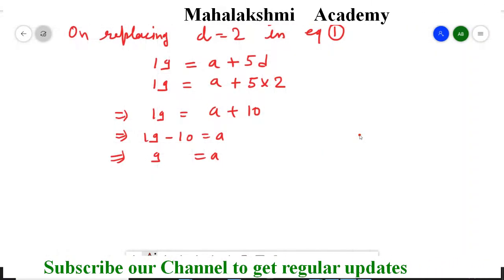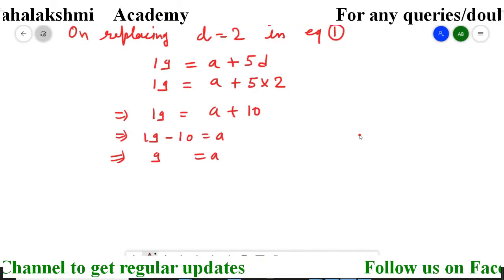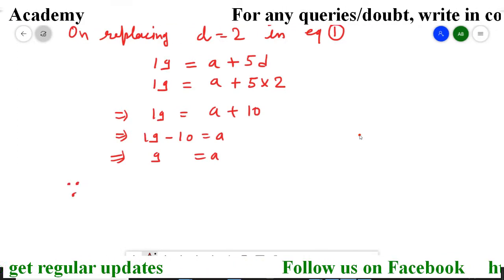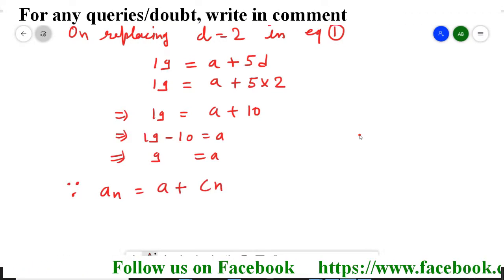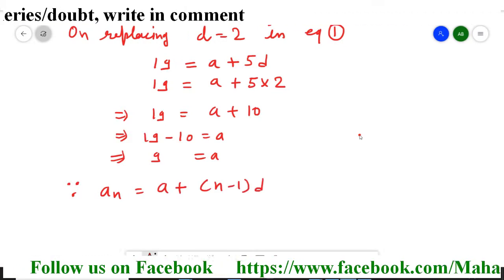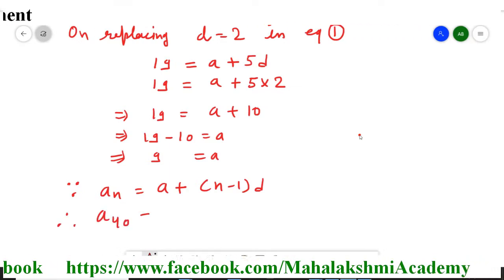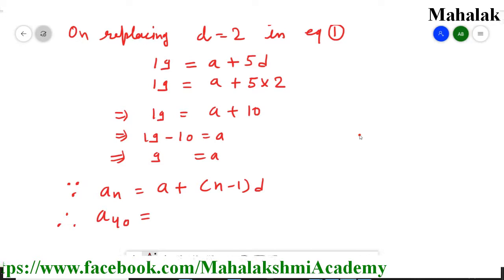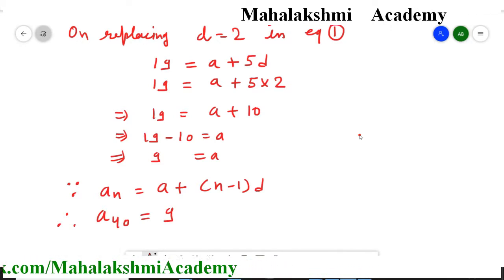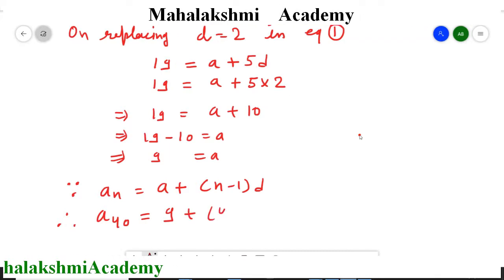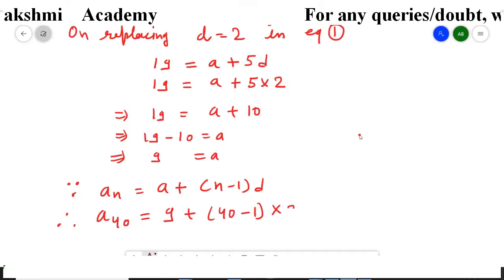Now since in the question we have to find the 40th term, we again write an is a plus n minus 1 d. The 40th term we have to calculate, so it's going to be a40, and instead of n we use 40. a is the first term, that is 9 we calculated, n is 40 minus 1, and d which we calculated was 2.